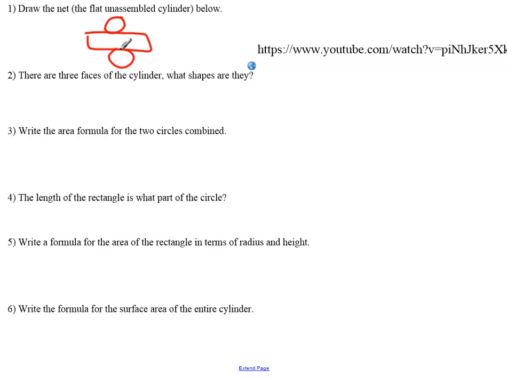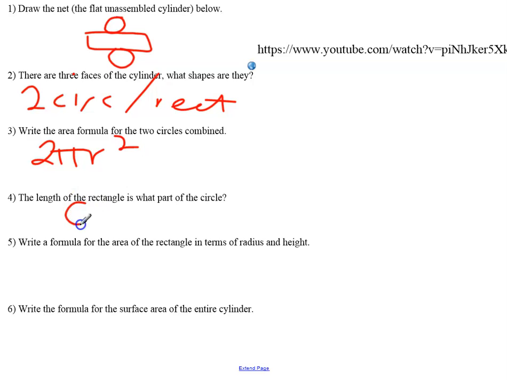The 3 faces are 2 circles and a rectangle, and the area formula for the 2 circles is 2 pi r squared, right? Pi r squared plus pi r squared equals 2 pi r squared. The length of the rectangle is the circumference of the circle, as shown from the video, and the formula for that is 2 pi r.